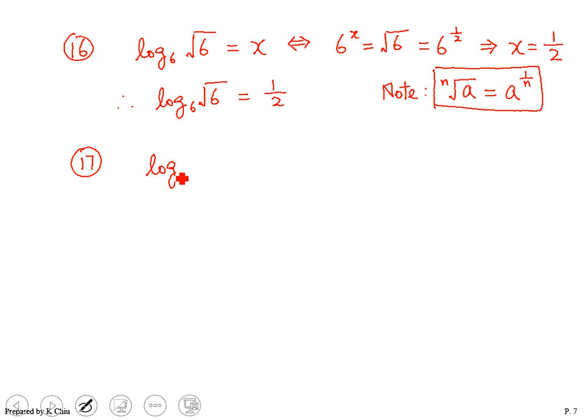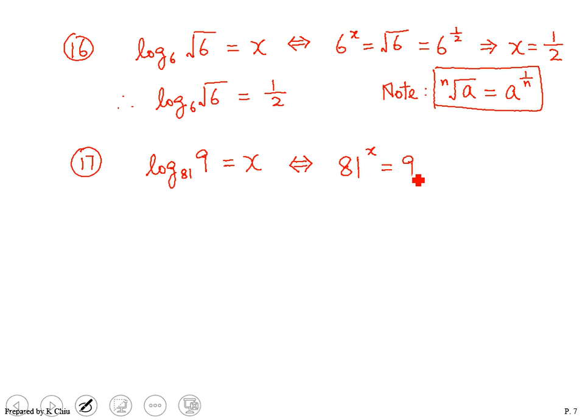Next, we got log 9 with the base 81, which is equal to x. That one is getting more interesting too. It's hard to think of 81 raised to the what would be 9. So let's do it step by step. Let's convert it first. I have 81 raised to the x power, that is equal to 9.